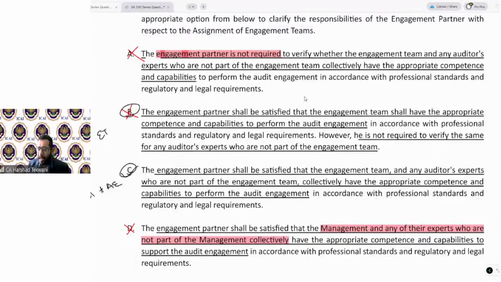And before I start SA 240, let me provide you some background on that SA, like what is SA 240 and what it covers. Just a quick summary so that we can then jump on to the questions and take it forward.